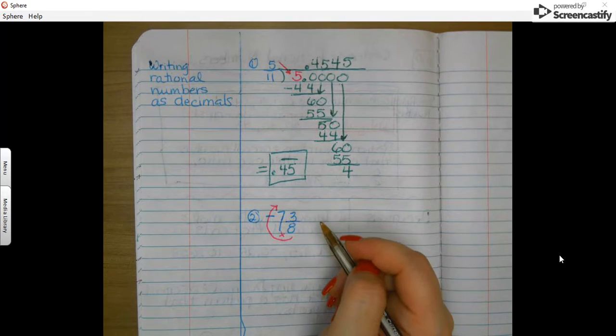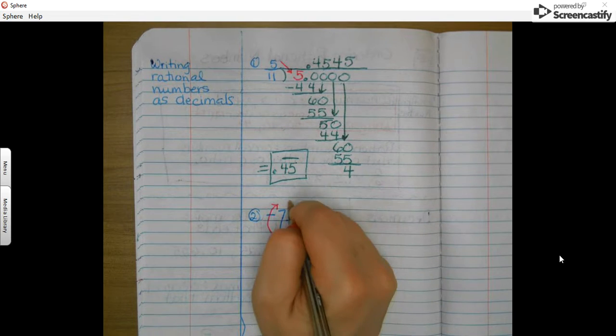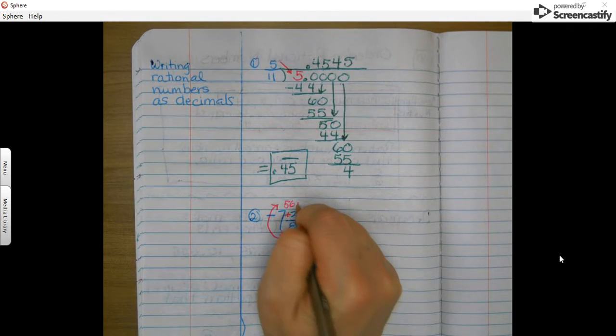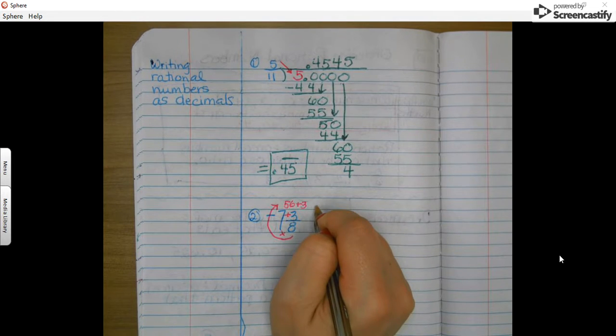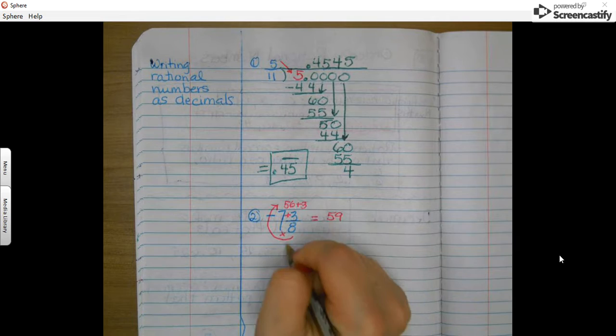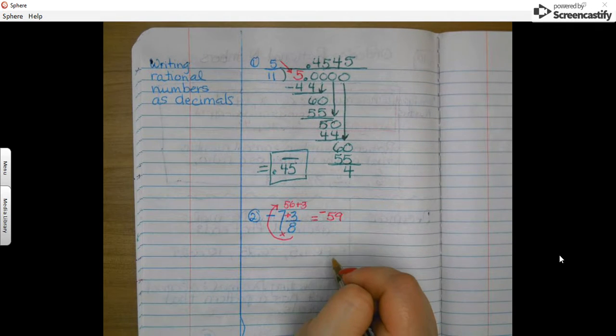What's 7 times 8? Yes, it is. It's 56. And then I've got to add this 3, right? So it's 56 plus 3, which is going to give me 59. Because we were multiplying positive and negative numbers, it's a -59.